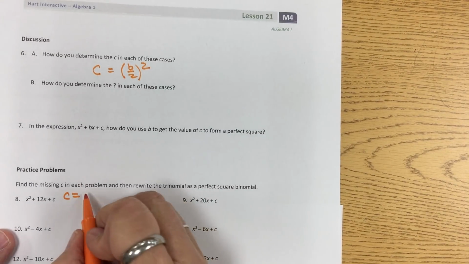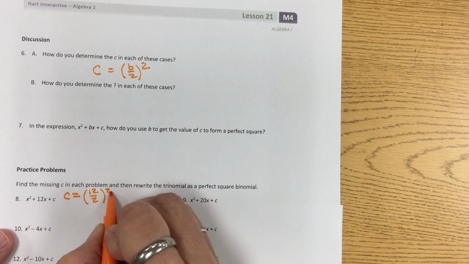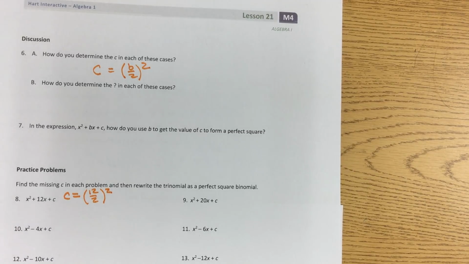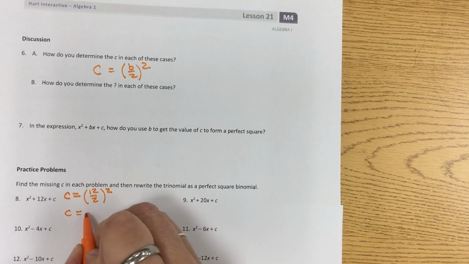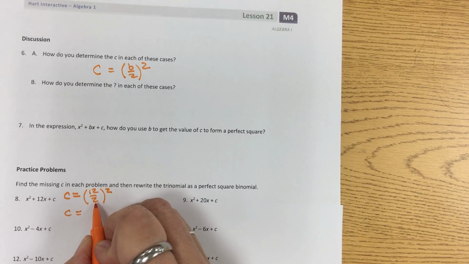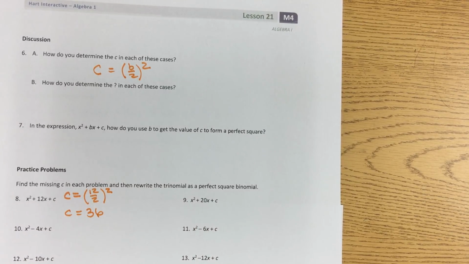So I'm going to take the b value, which is 12, divide it in half, and square it. So when I do that, I get C equals 12 divided by 2 is 6. I square that and I get 36.